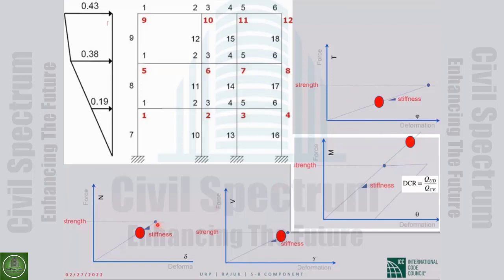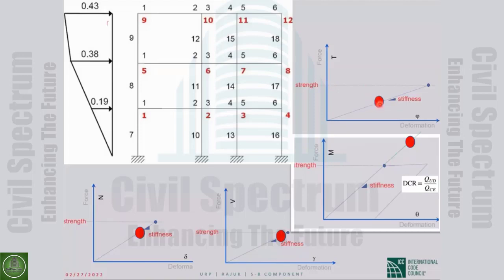They shouldn't reach the strength. Again, force-based checking, strength-based checking. These are very easy. How do we calculate their strength? The ordinary formula, but putting the lower bound material characteristics in the formula.